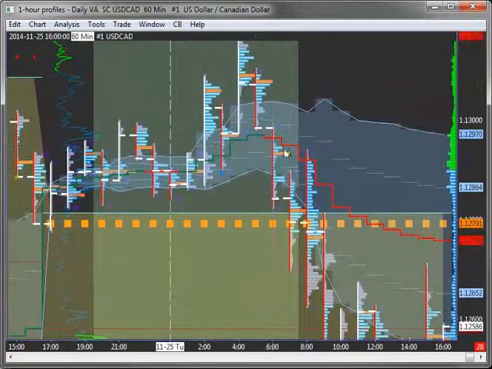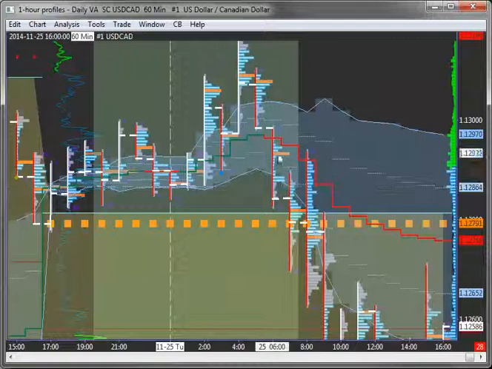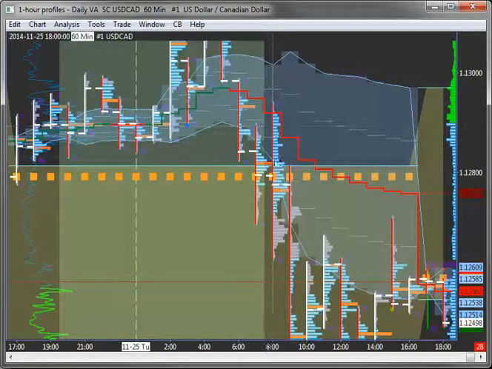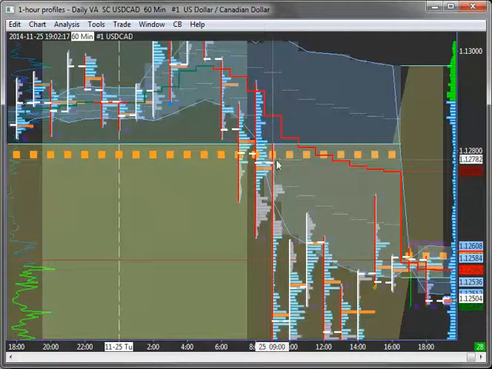It's not thin like the 6 o'clock bar was, and when it's thin like that, with spots, look for those spots to get filled. But this 8 o'clock bar doesn't come back and it's not spotty, and so I wouldn't expect it to come back and get filled, and it didn't. We just tested the value area high from yesterday, and then we fell away.